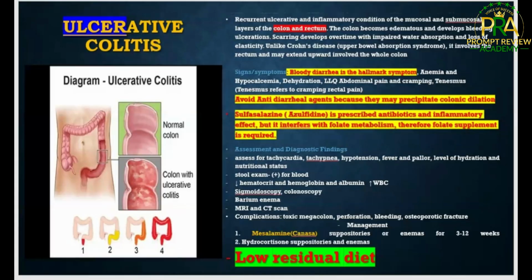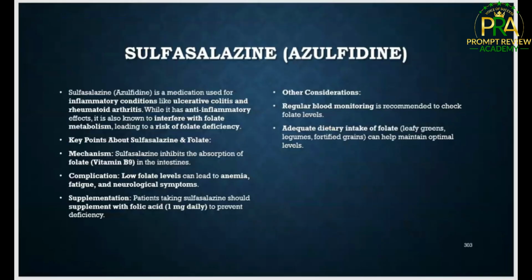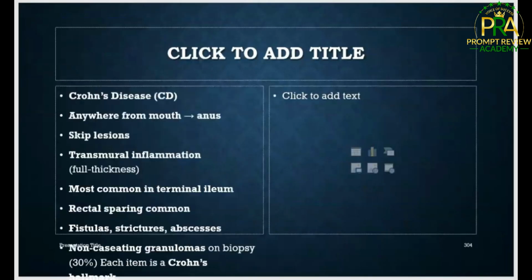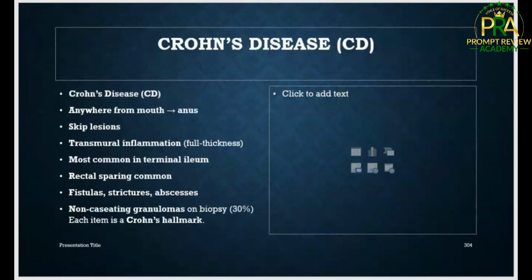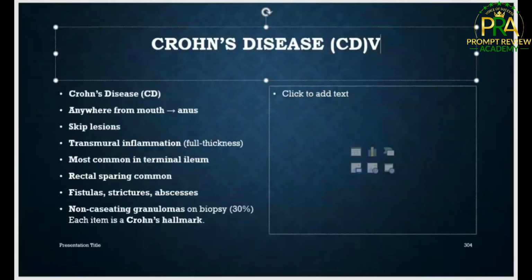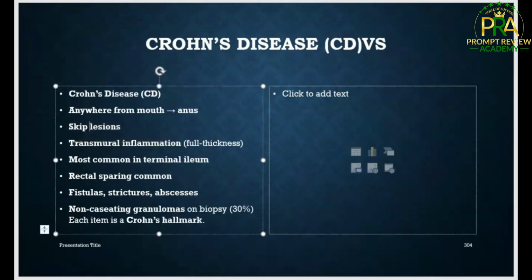So in summary, Crohn's disease happens in any part from the mouth to the anus. There are skip lesions and transmural inflammation. The complications are fistulas, strictures, and abscesses.